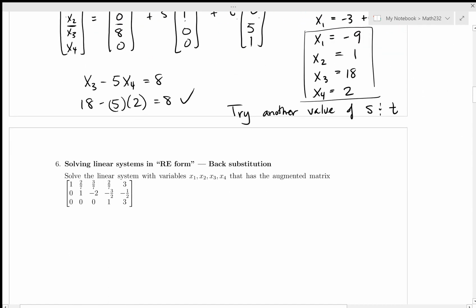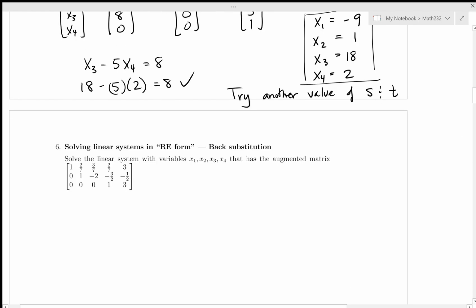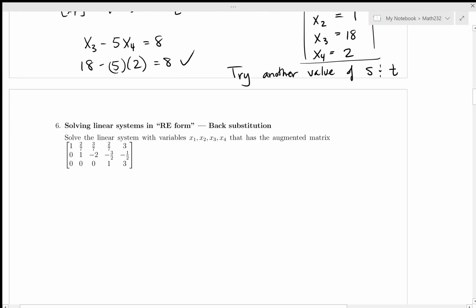Okay. All right, now here we have a matrix. It's not in reduced row echelon form. It is, however, in row echelon form, that's that capital RE, row echelon form. It's an augmented matrix, and it's not in reduced form because of why?